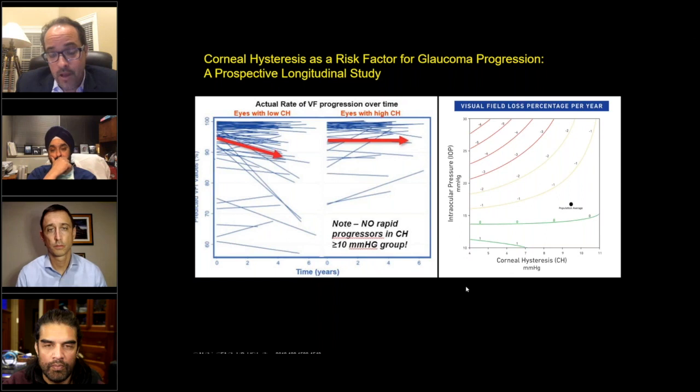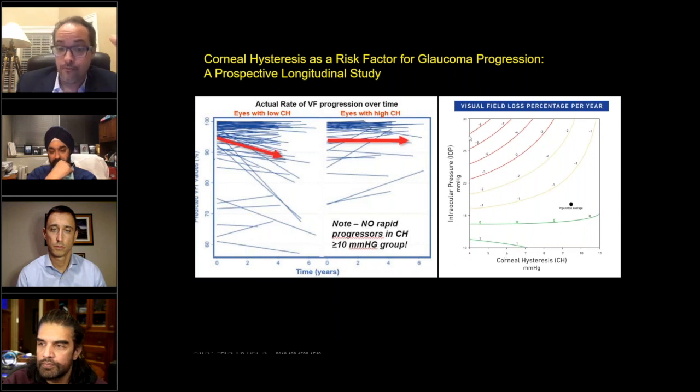And the plot on your right illustrates how a combination of corneal hysteresis and intraocular pressure helped explain the change in visual field over time. In particular, the interesting thing to look at is that a combination of low corneal hysteresis with high intraocular pressure was particularly harmful.